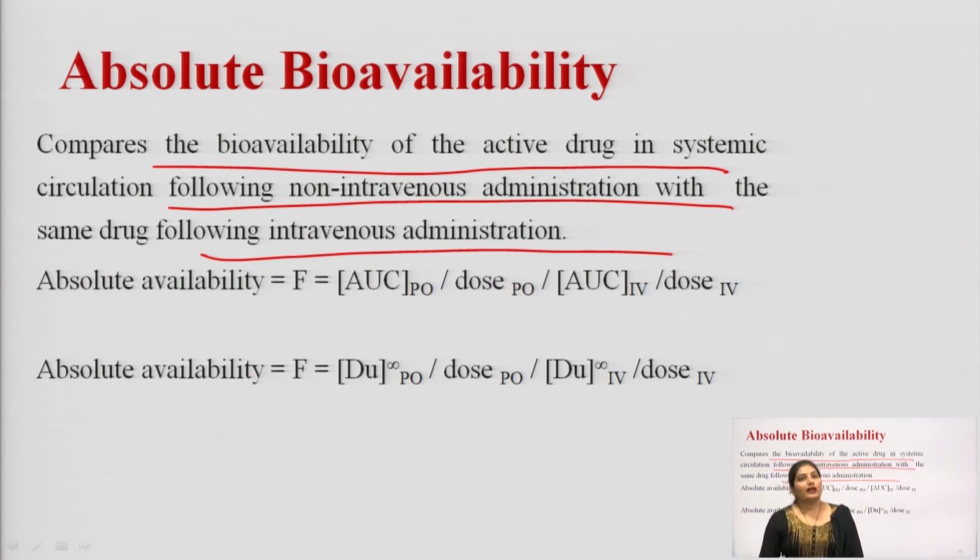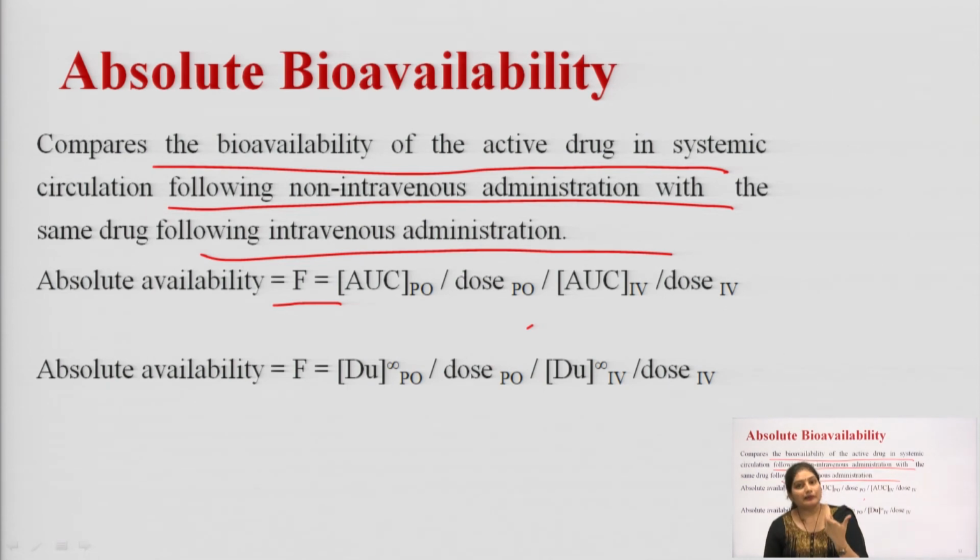Okay. So, for calculation of absolute bioavailability, there is a formula, that is F is equal to area under curve of drug that is given by oral route divided by dose of oral route, upon AUC, that is area under curve that is obtained by the IV route, divided by dose of IV route. Okay. So, this is the formula for the blood data when we want to calculate the bioavailability from the blood sample.